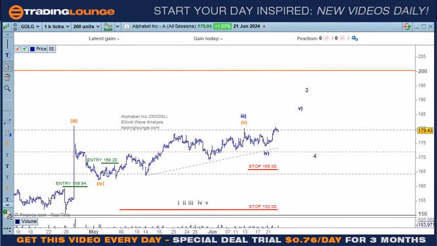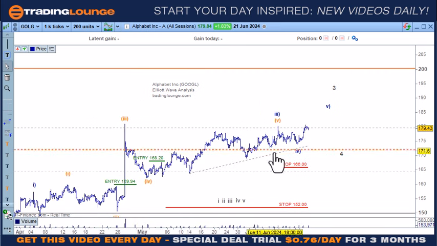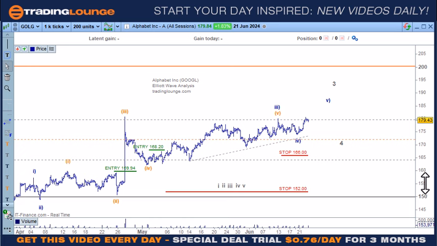It's going okay. So for this Google here, I did have a look at this over the weekend, and I could look at this as 1, 2, 3, 4, 5 up here for wave 1 as well. Not this wave 1, but this wave 1 here.